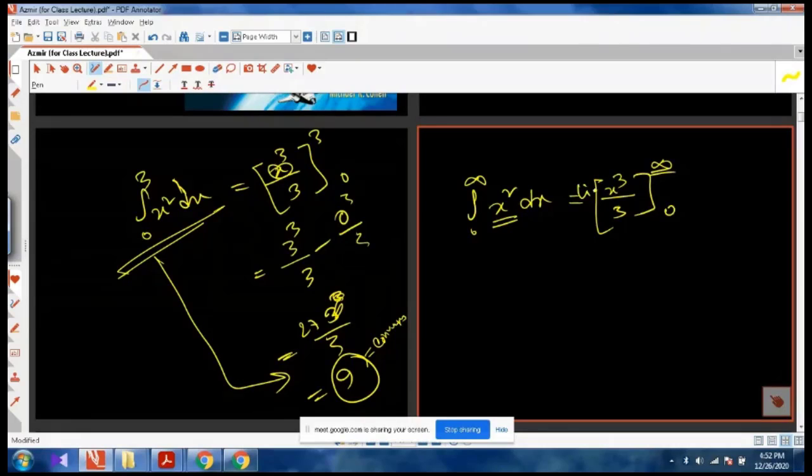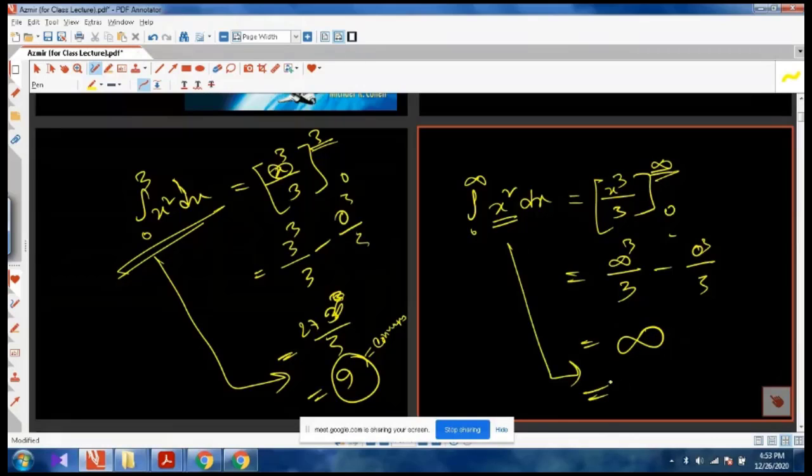We have to come up with the limiting concept, but for a short overview, I am using the same concept, with the upper limit and lower limit outside the square bracket. At first we go with the upper limit, so infinity cubed by 3 minus 0 cubed by 3. That means infinity by 3, that is actually infinity. Infinity minus something is actually infinity. So the result is divergent.